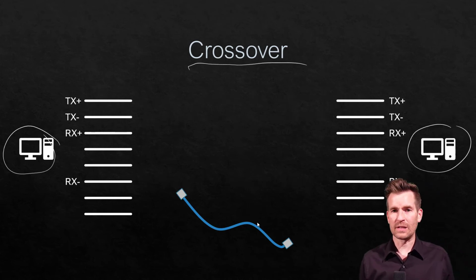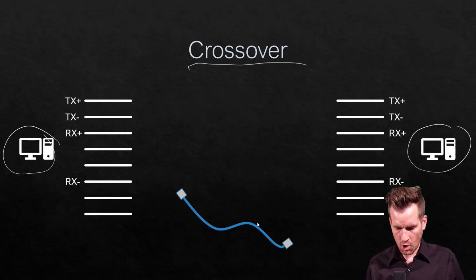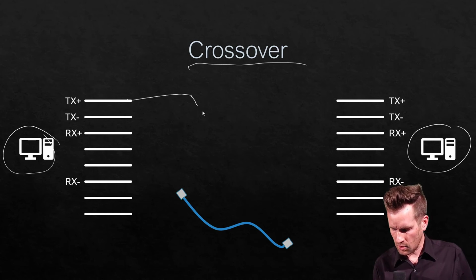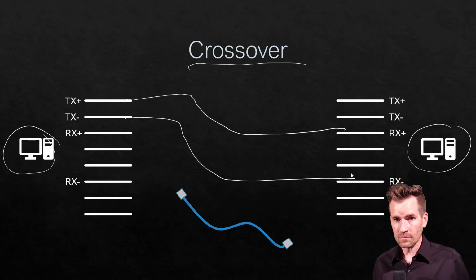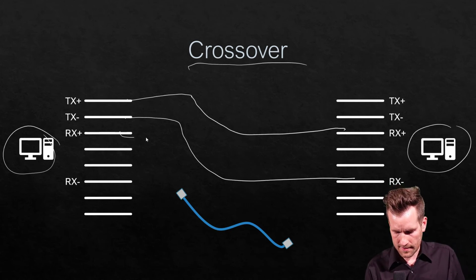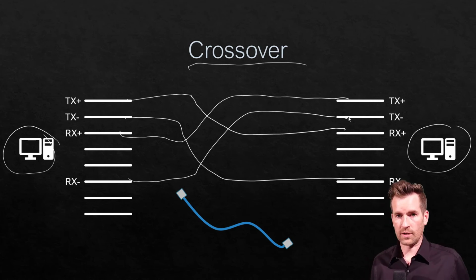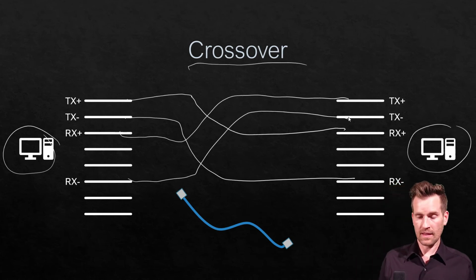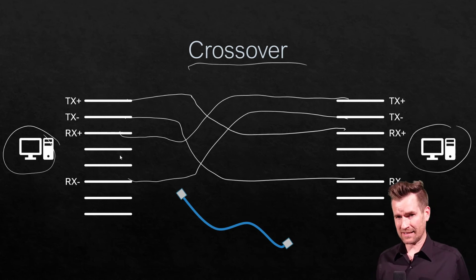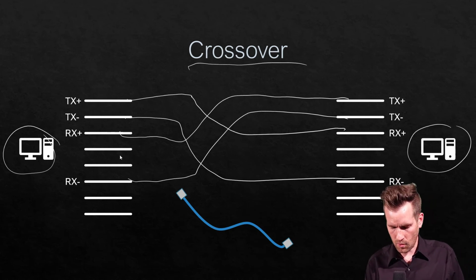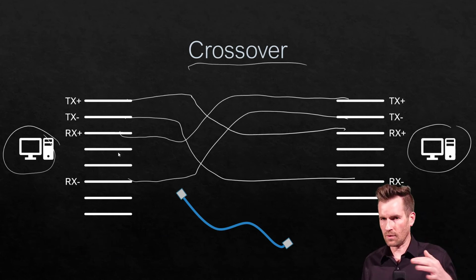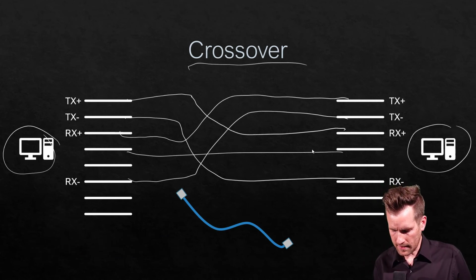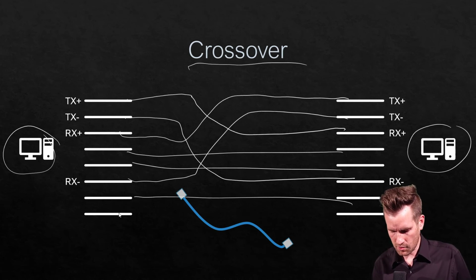So what we need to do is we need a crossover cable. We need the transmits to come down and hit the receives on this side, and the receives to hit the transmits for communication to happen. And then the rest of these cables, because we don't only use 2 pairs, the rest of these we are fine if we go straight through or not.